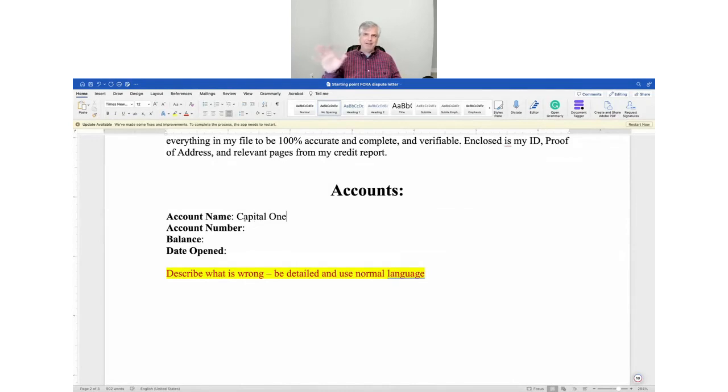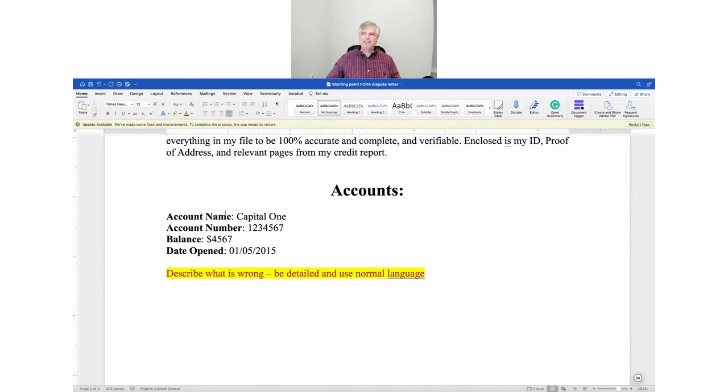So it's kind of a pain doing this, trying to copy and paste on it. Okay, so I'm just going to type a lot of this. We'll say this is account number 1234566, and the balance is $4,567, and it was open 01, 05, 2015.